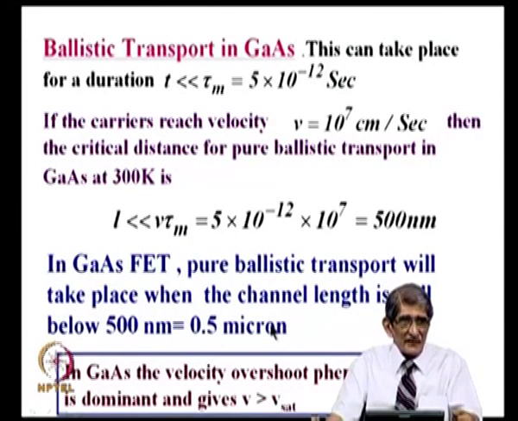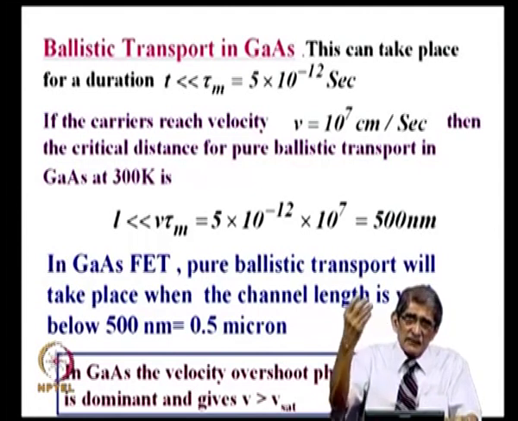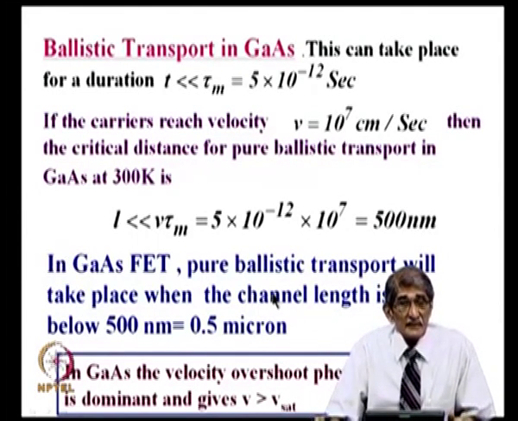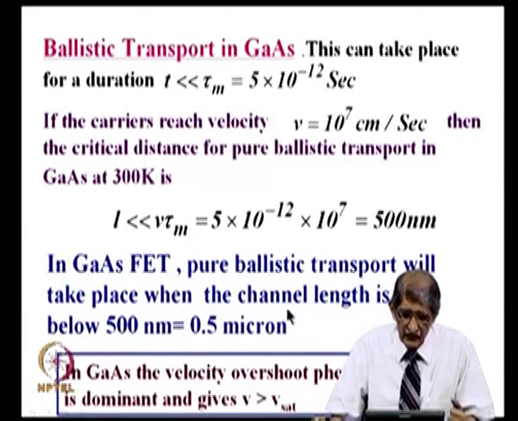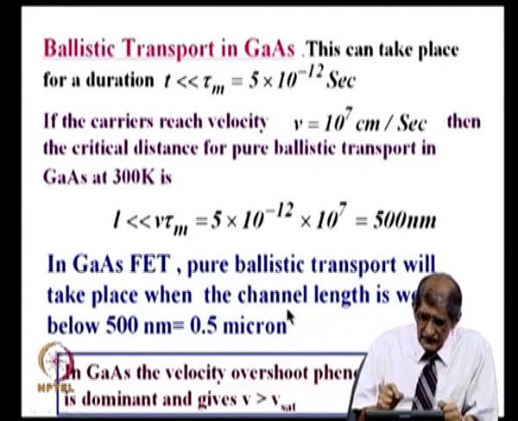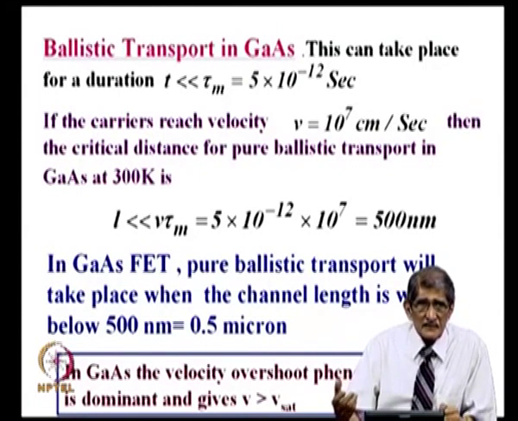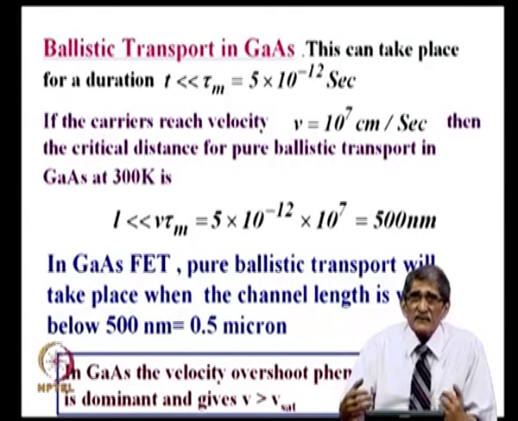Before it comes to steady state, the velocity goes over and above the saturation velocity, and that may give rise to an injection velocity much more than the saturation velocity. So, that is why in gallium arsenide devices, you may encounter drain currents which indicate that the injection velocity of electrons is much more than the saturation velocity. That is because of the velocity overshoot effect.